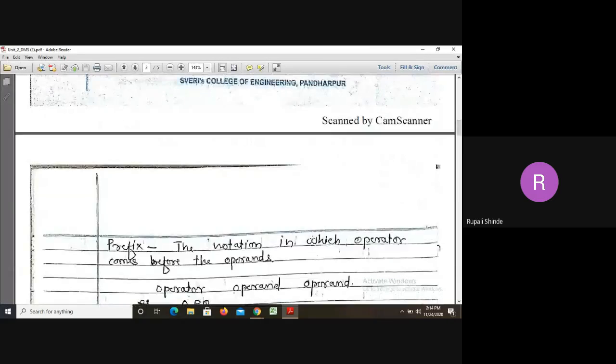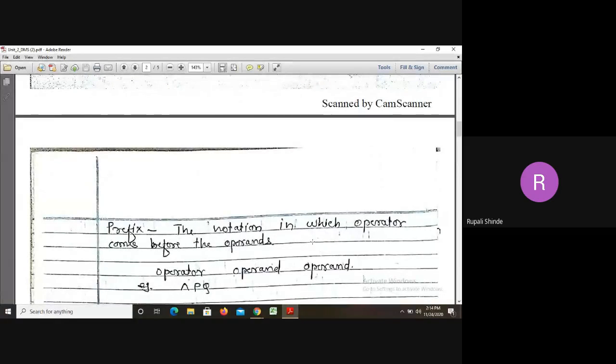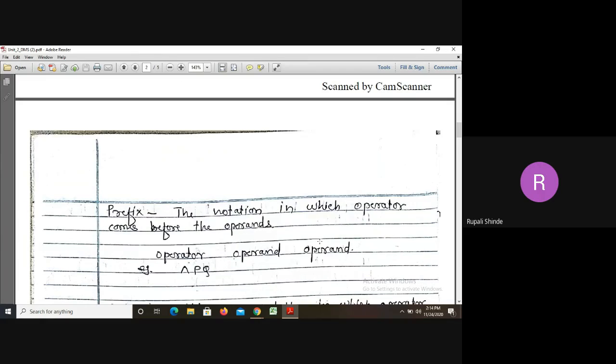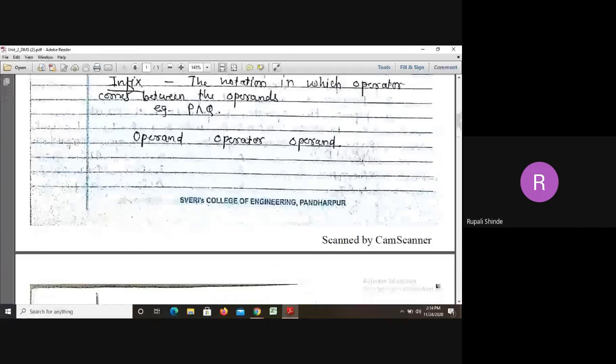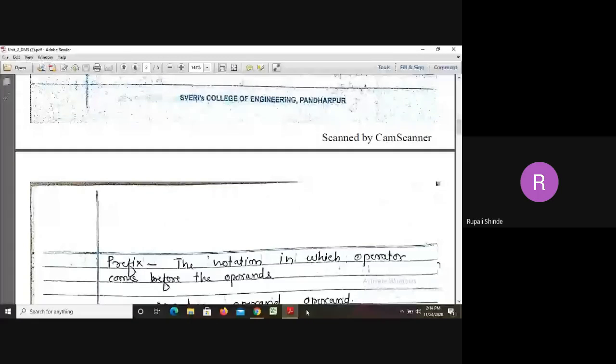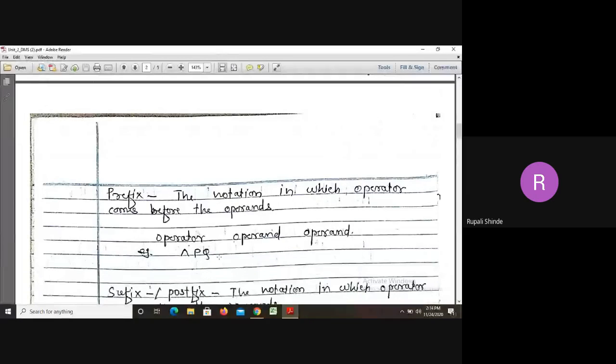The second type is prefix. The notation in which the operator comes before operands is called prefix. So its syntax is operator, then P and Q, and its prefix form is and PQ, as given here. Here and is the operator, and P and Q are operands.